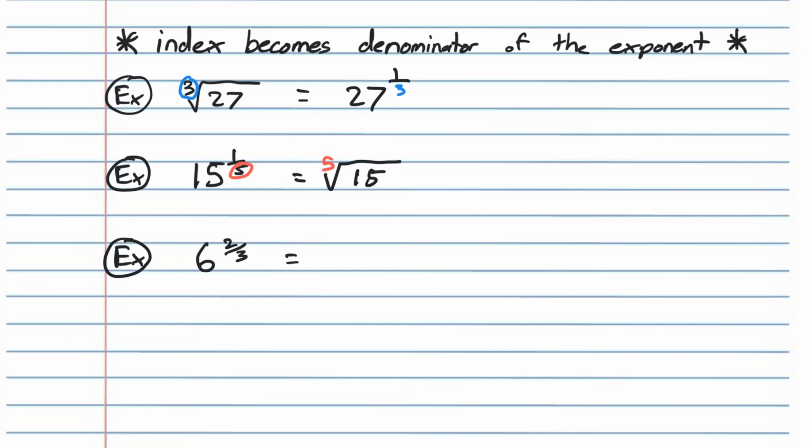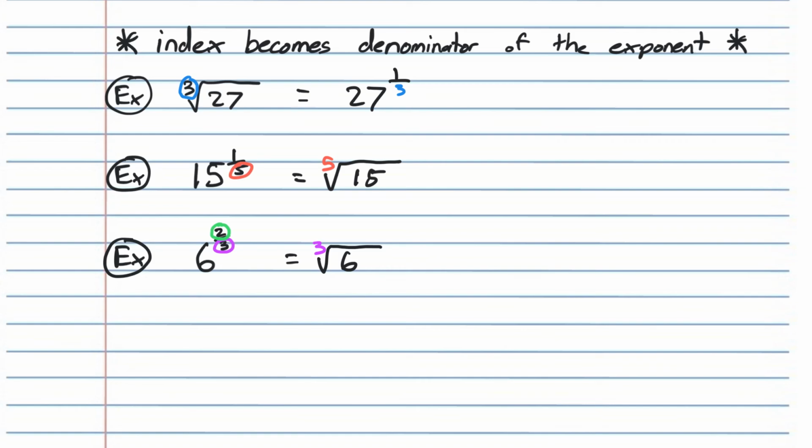In fact, let me rewrite this so it's very clear that this is an exponent: 2/3. So the key is with the 3. Remember, that's our index. So we know this is going to become a third root of 6. But here's the problem: what do we do with that 2? We still have a 2 up here that we have to deal with. We didn't have to worry about it in the previous ones because it was a 1. But if that's any other number besides a 1, then we have to take care of it.